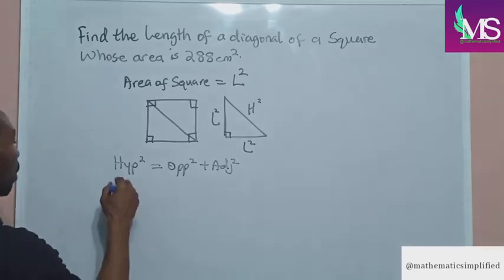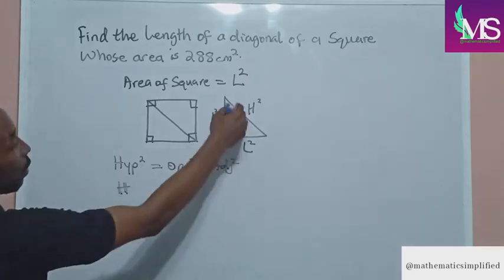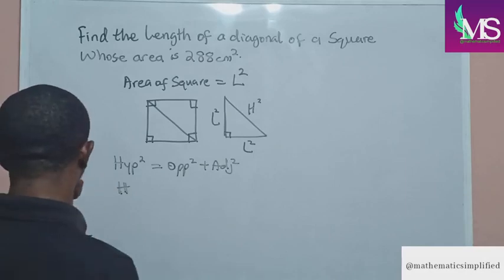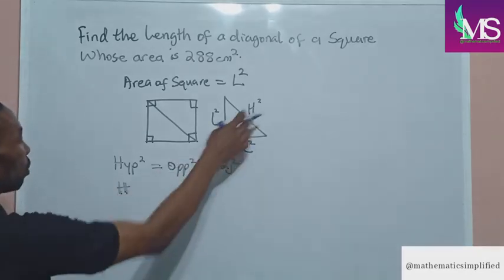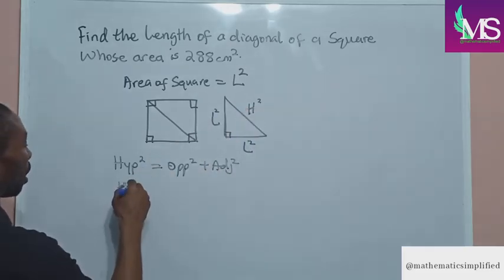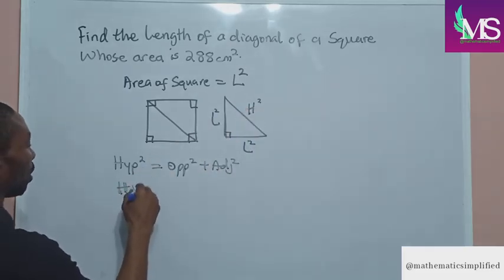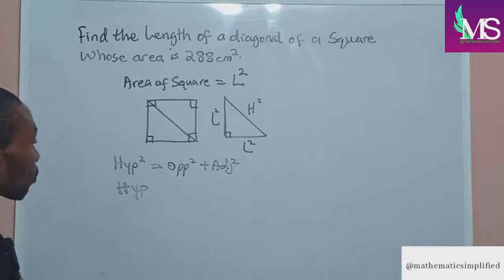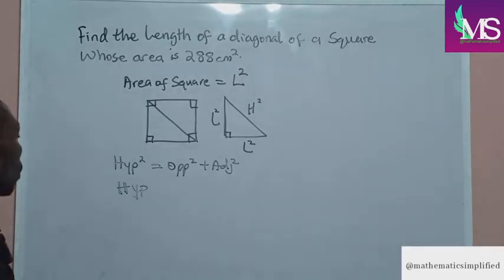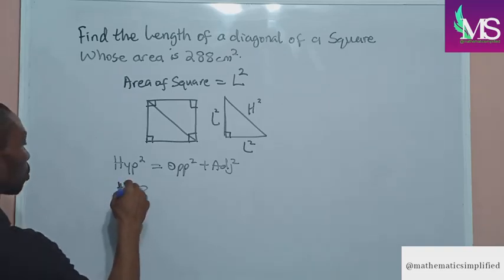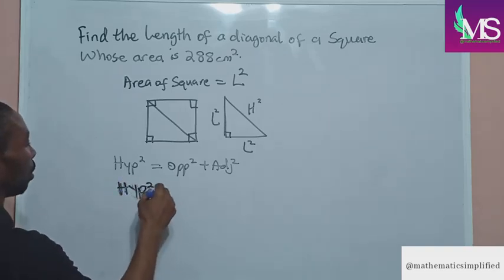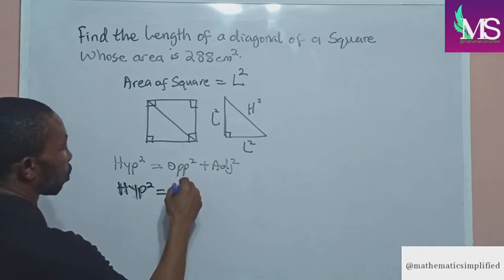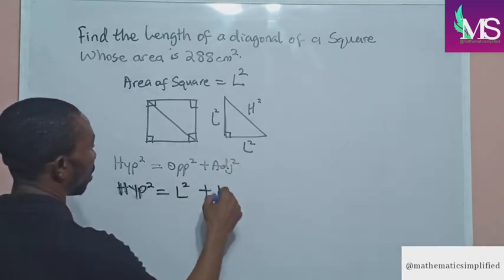In this case our hypotenuse, which is our diagonal, squared will become opposite L squared plus adjacent L squared.